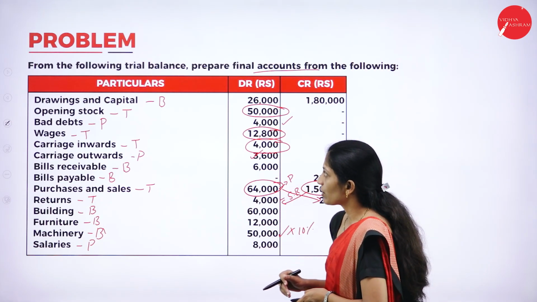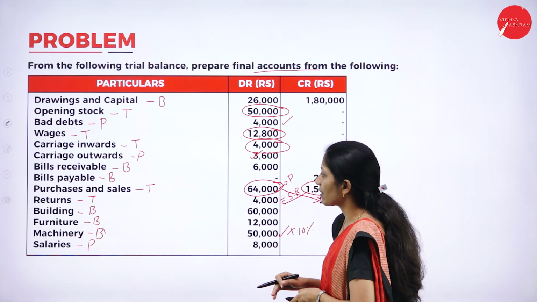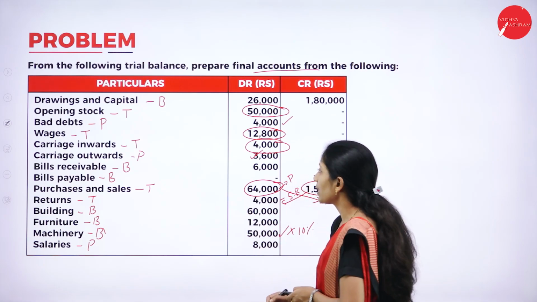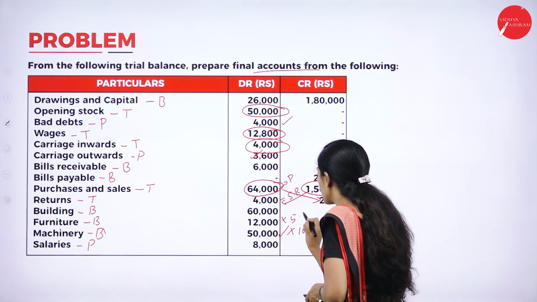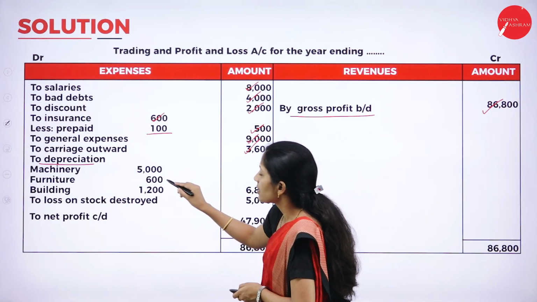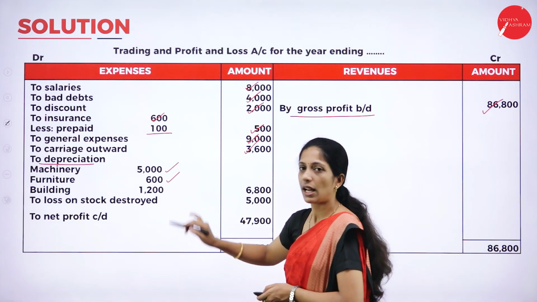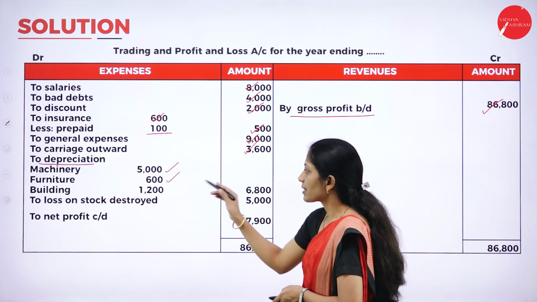Next, in the same way, which is the next one? After machinery, furniture by 5%. What is the value of furniture? Yes, 12,000 into 5%. How much will we get? That is 600. So, 50,000 into 10%, that is machinery, will get 5,000. Furniture 600.